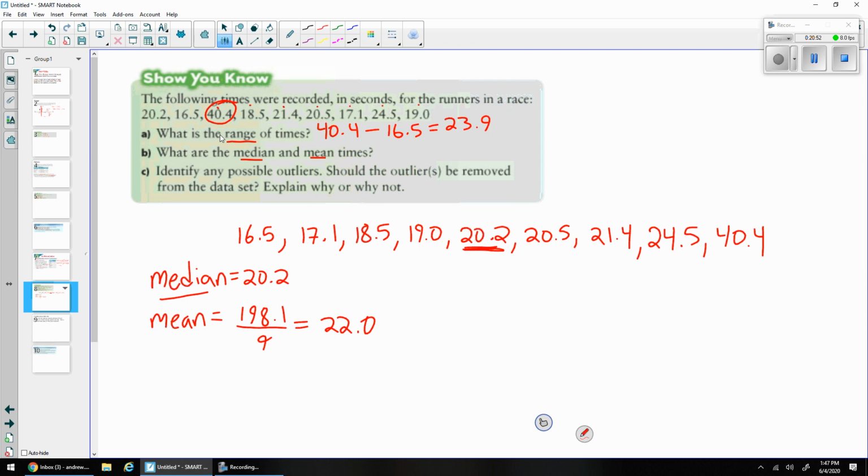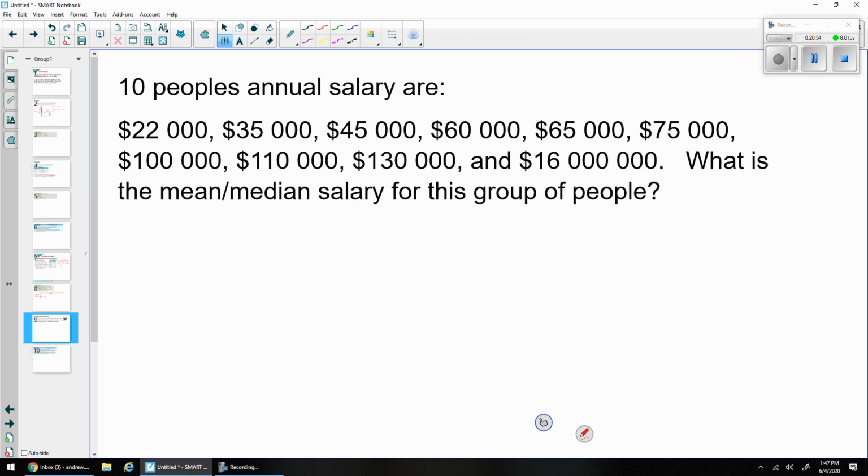Okay, so there's one more example showing how an outlier can affect the mean so much, the average. If you have 10 people's annual salary, and there's 22,000, 35,000, 45,000, 60,000, 65,000, 75,000, 100,000, 110,000, 130,000.